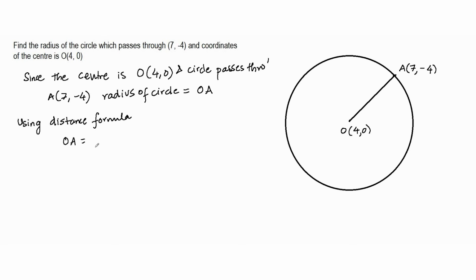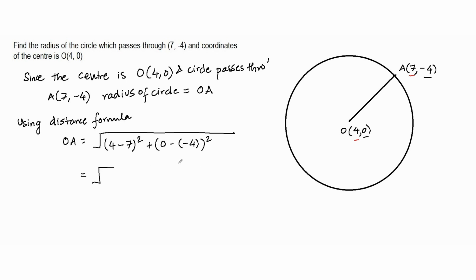will be equal to square root of, I can find the distance between O and A, it will be 4 minus 7 the whole square, that's the difference between their x coordinates, plus the difference in their y coordinates is going to be 0 minus of -4, the whole square.